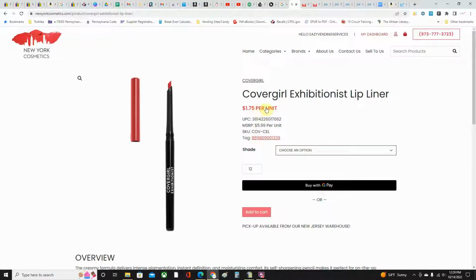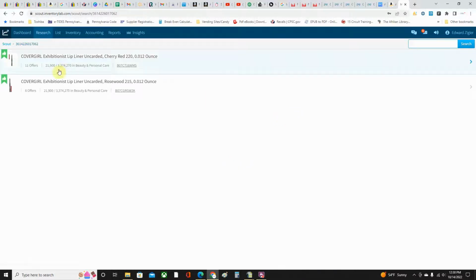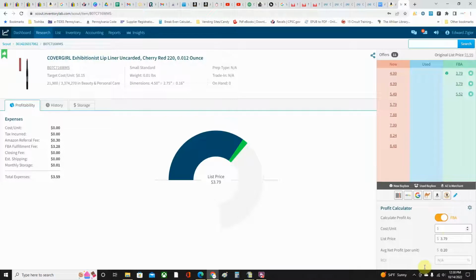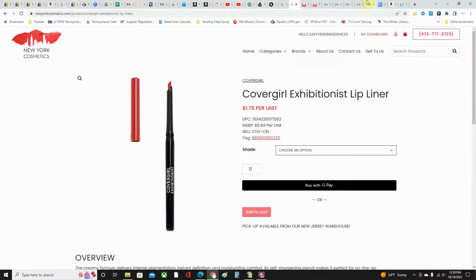$1.75 per unit. Right now, if I was to go over here and put that UPC into Inventory Lab, that item will come up, and if I put that buy cost in there, what was it, $1.75?